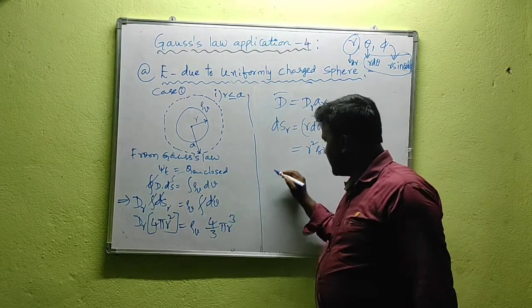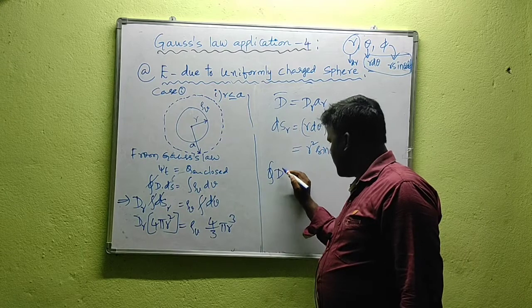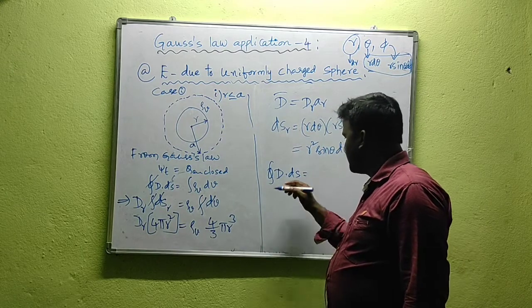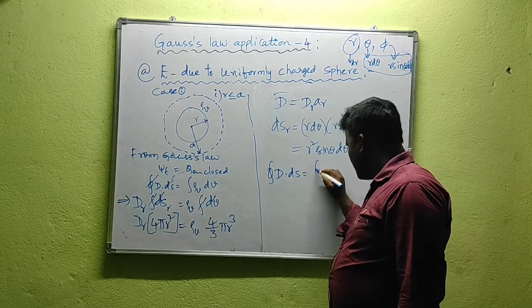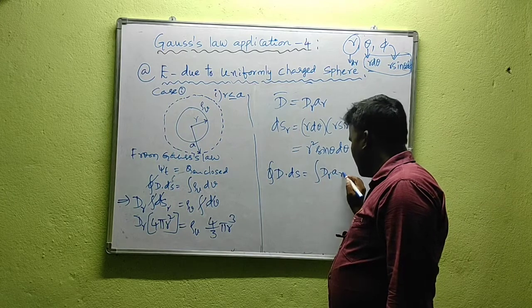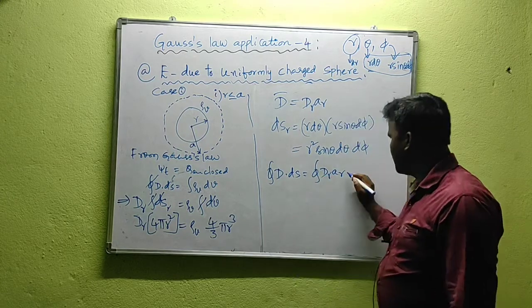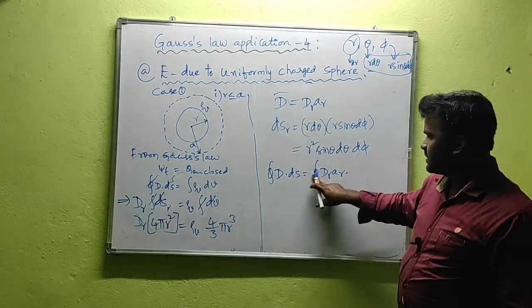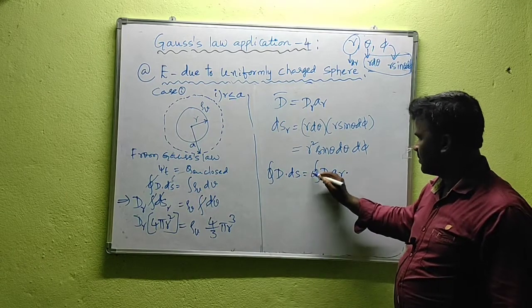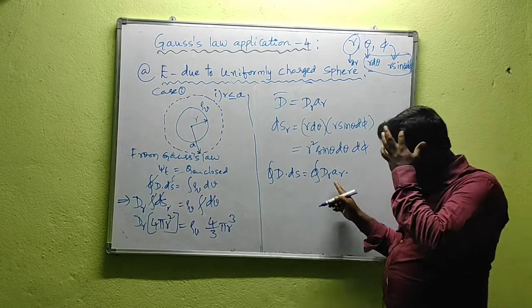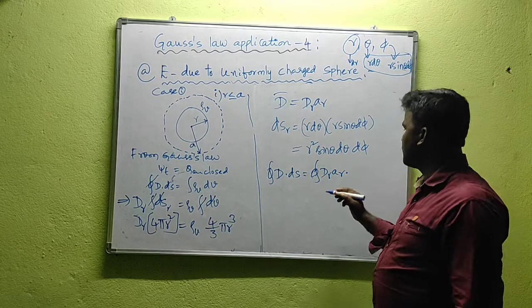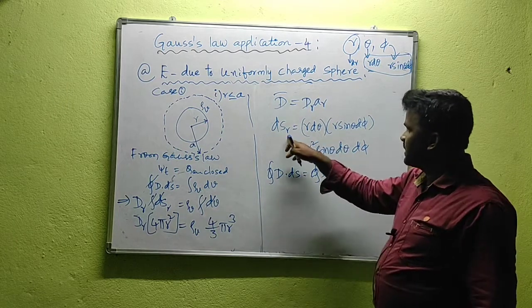Now this integral D dot dS can be written as integral D_r a_r, with the differential surface area normal to r.